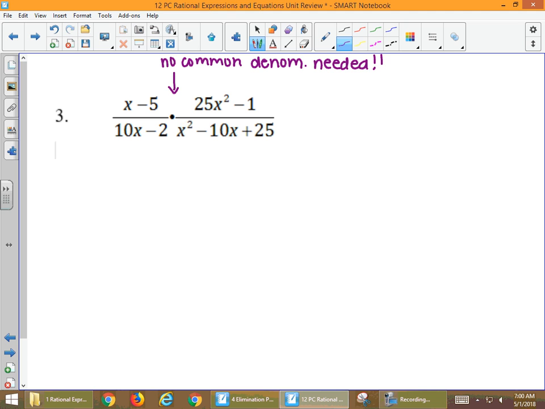If you get a common denominator on this problem, it's going to make such a mess. So the nice thing about multiplication is what you really just need to do is factor and cancel. If you have a multiplication problem already, it's partially factored for you. So no common denominator needed. What we're really going to do is factor and cancel.